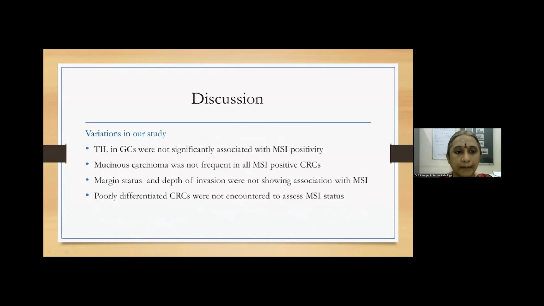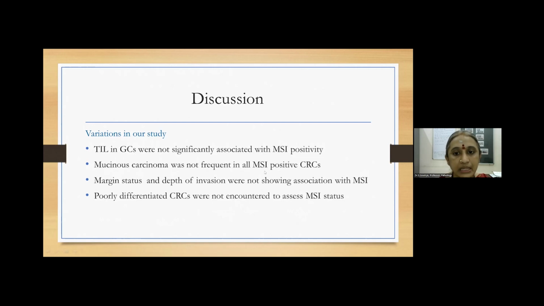Based on these comparisons, we have identified that tumor infiltrating lymphocytes were not significantly associated with microsatellite instability positivity in gastric carcinomas, whereas it was a very significant association in colonic carcinomas. In mucinous carcinoma, the frequency was not in all the MSI positive cases.